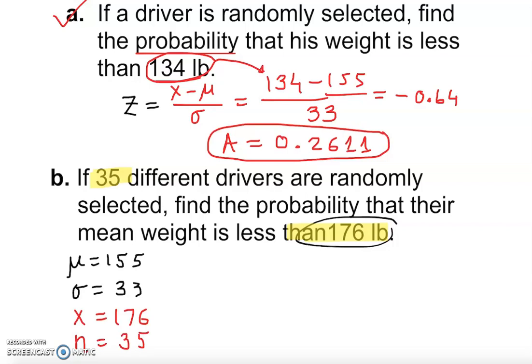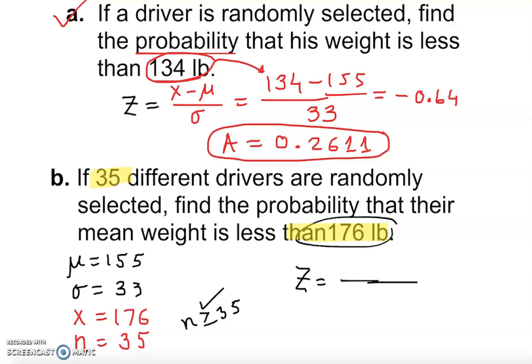Now, what can we do? Since it's given as 35 different drivers, this time you have more than one sample. Again, this is 35, so the sample size n is greater than or equal to 30. Yes. So we're going to use the z table. Of course you use the z-score formula.